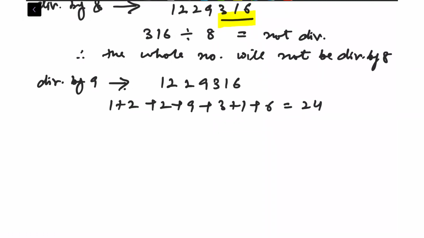We get 24. But here we can see that 24 is not divisible by 9. So the whole number will not be divisible by 9.